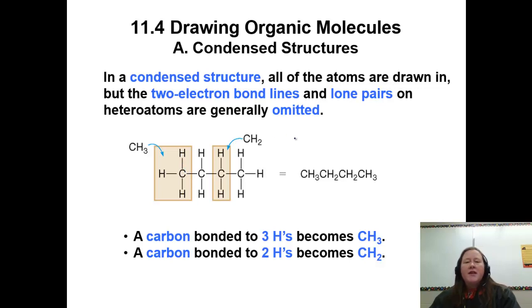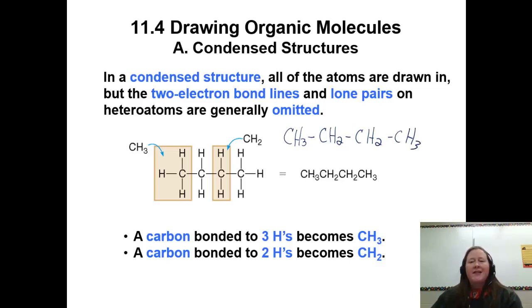Now, sometimes you will see condensed structures like this, CH3, and then a line there, CH2, CH2, CH3. Sometimes you will see them all in a line like this without any of the lines. If you look at this, there are 4 carbons, 1, 2, 3, 4.